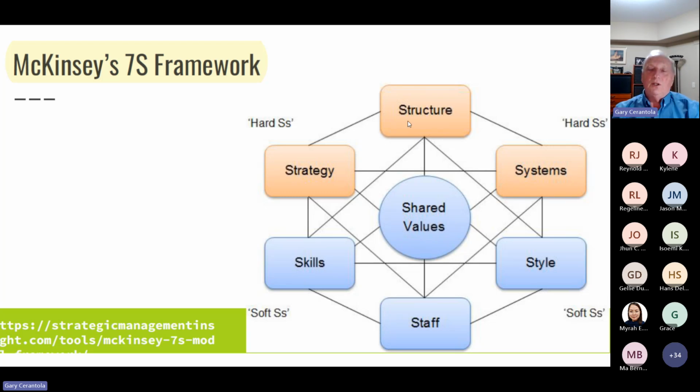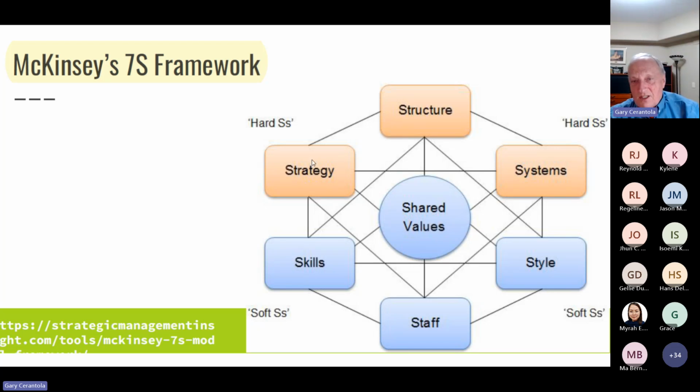And so what you have is the hard elements, you could see that they're all interrelated, but it all comes down to the core values of the organization that has an impact on that. The structure, we've talked about that up to now. The structure is really important to make sure you have the right structure to produce the right outcomes. But also, you need to take a look at the systems that you have that support that structure, that support the strategy, that support the style of management. So it's all interdependent, which means it's a whole system network that has to work together. And so I'll just define them.